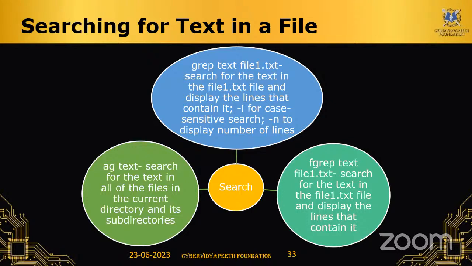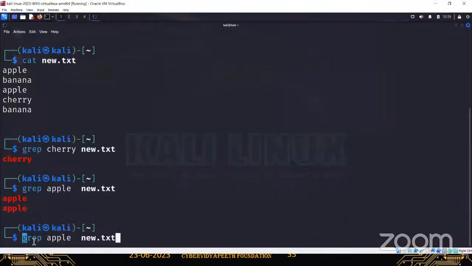Basic syntax for this command is this: first we will type grep, then the text we want to search, and then we will give the file name.